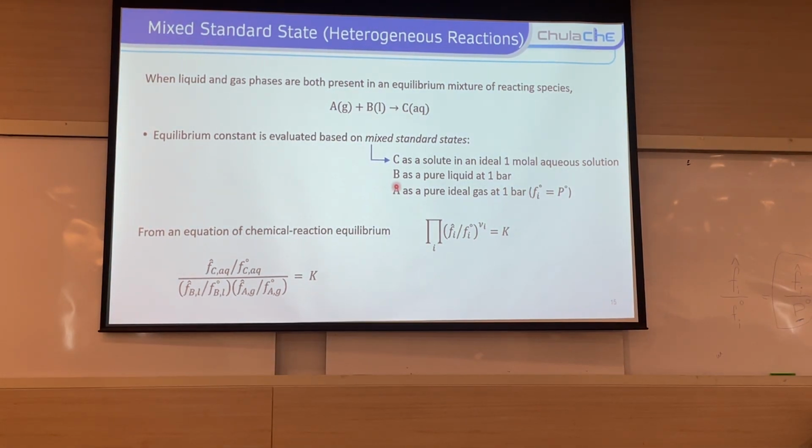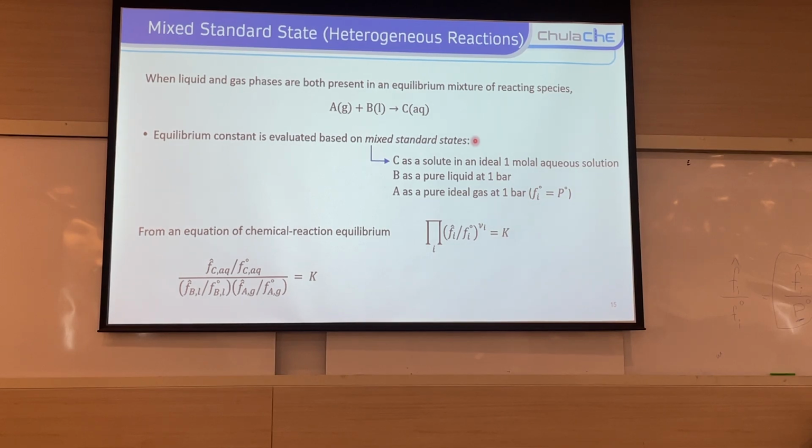B is in the liquid phase, so its standard state is the pure liquid at 1 bar. For C, which is aqueous, C is the solute in solution, so the standard state of the solute is the ideal molar aqueous solution.